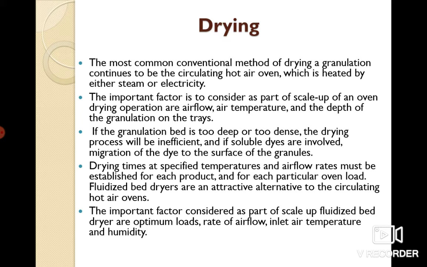The most common conventional method of drying a granulation continues to be the circulating hot air oven, which is heated by either steam or electricity. And the important factors to be considered as part of scale up of any oven drying operation are airflow, air temperature and the depth of granulation on the trays.